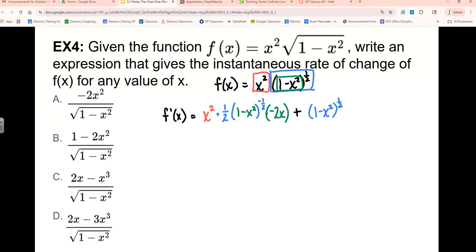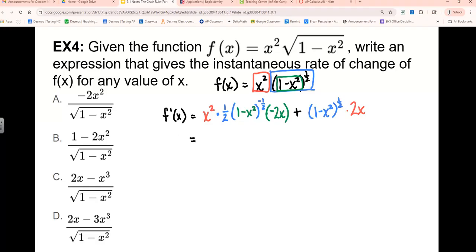And our derivative of our first part is just 2x. Okay, technically, on an FRQ you can stop here. But they're not usually on FRQ. They're usually multiple choice, as we see here.